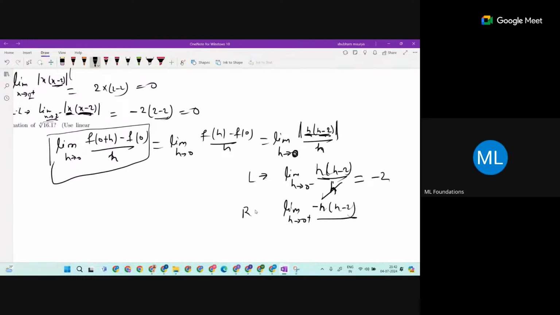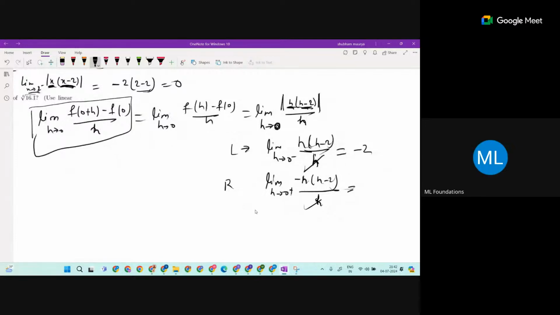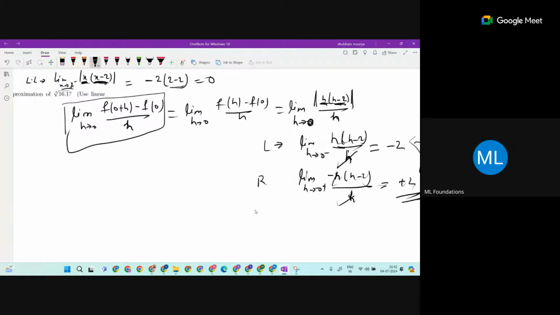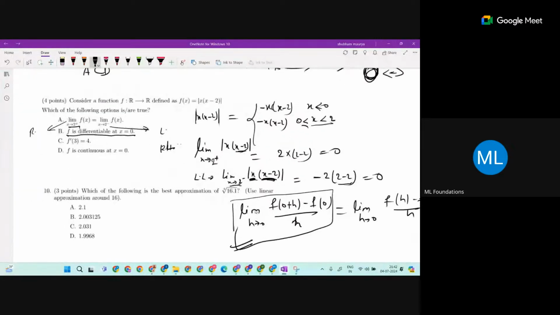So here all h is now positive. Correct? By this way, h cancels, and this is going to be plus 2. So we are getting two different limits. When evaluating this final limit, the left and right limits are different, so this is not differentiable at 0.